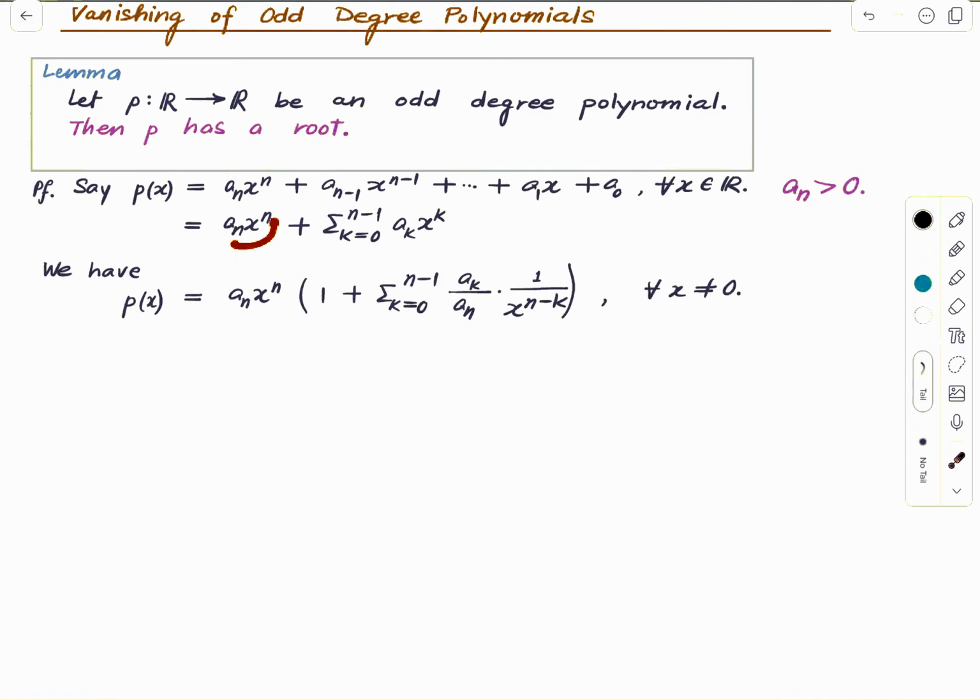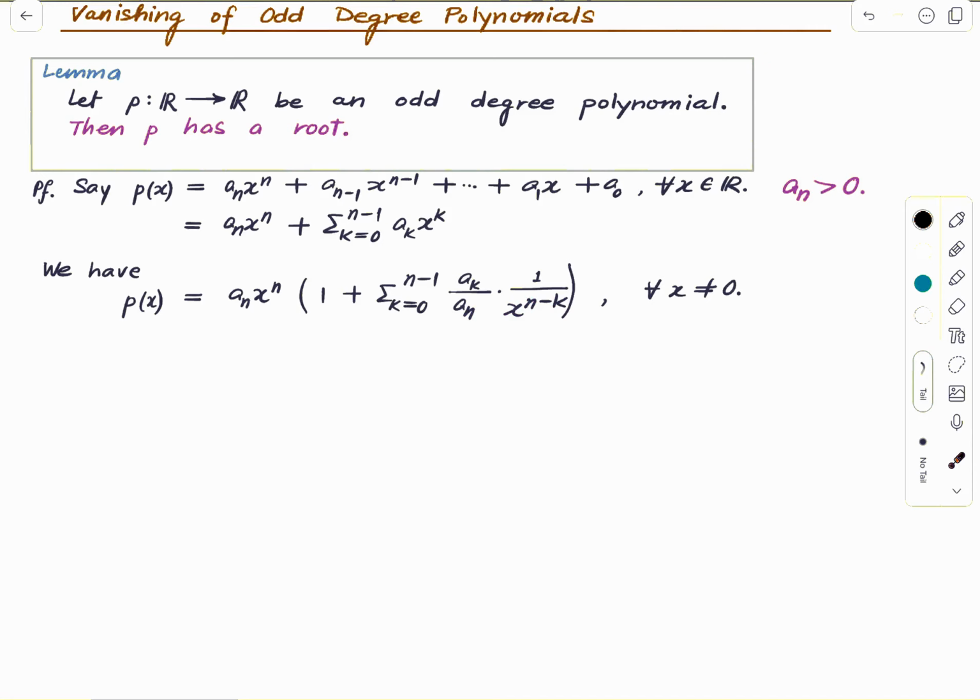All we did was deliberately pull out the leading term, so inside we will get this. It's just some algebra, and this is valid only for x non-zero because we are dividing by x.